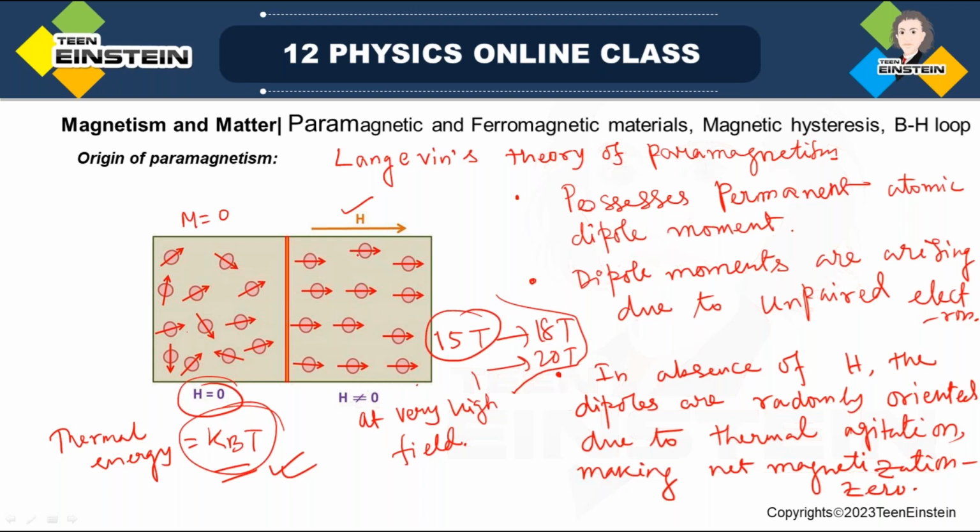So this situation is called saturation, and the magnetization we get at this stage is called saturation magnetization, M suffix s.